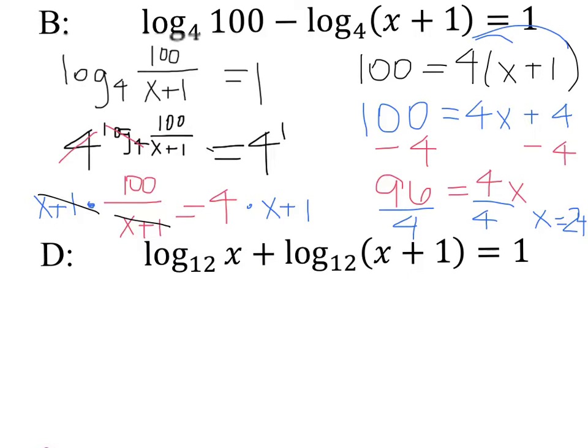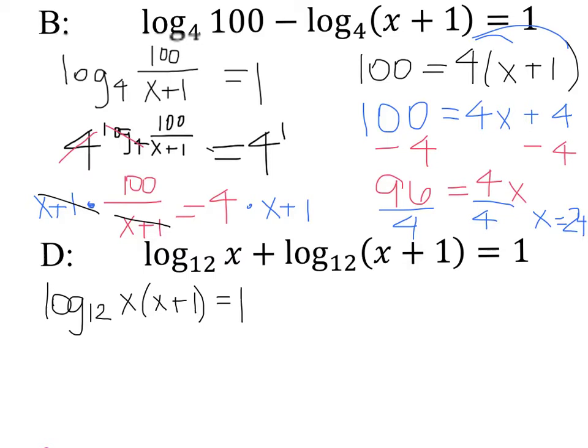D is the same idea. Since D is addition, remember that we need to multiply our big numbers. So we have log base 12 of x times x plus 1, and that equals 1. Remember the addition rule.